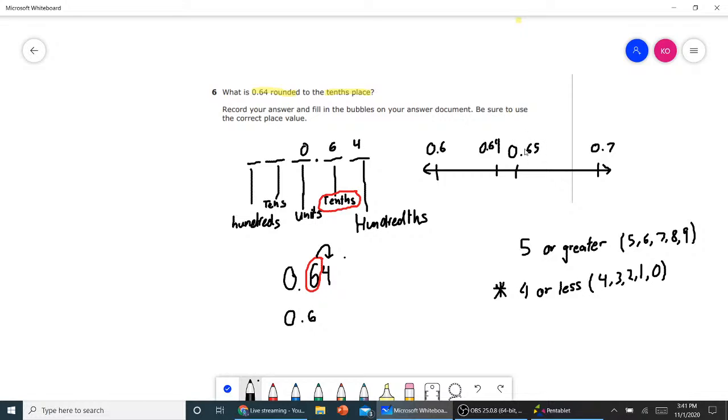So because this is closer to 0.6, you would round it down to 0.6. So the correct answer for this question is 0.6.